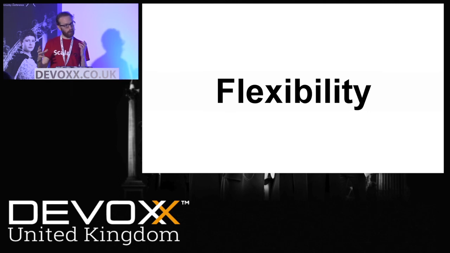And it also brings you flexibility, because you're able to act on the effects before they're acted upon. So you can deduplicate effects, you can merge them, or you can do everything you want.